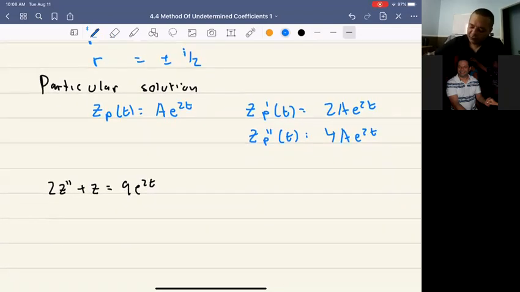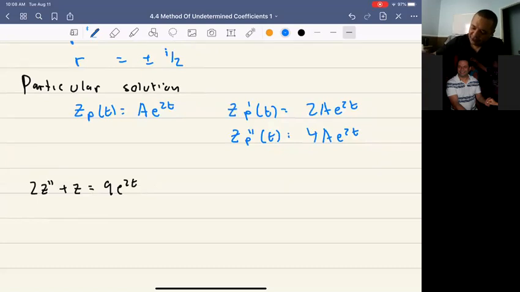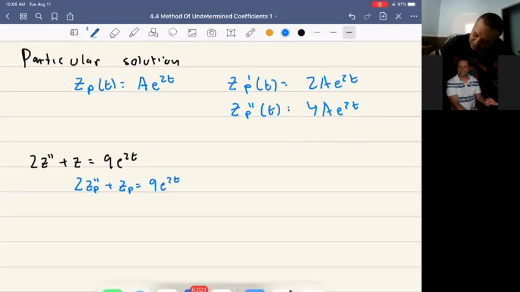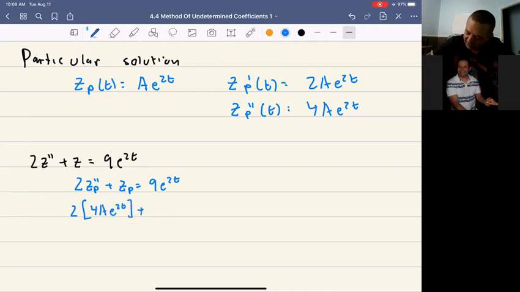Okay, so where was I? Oh, yes. So 2 zp double prime plus zp should equal 9 e to the 2t. So that means we're going to get 2 zp double prime was 4a e to the 2t plus zp is a e to the 2t should equal 9 e to the 2t.